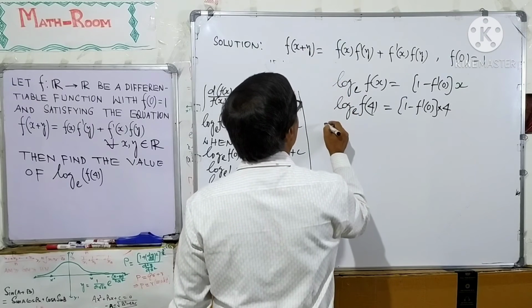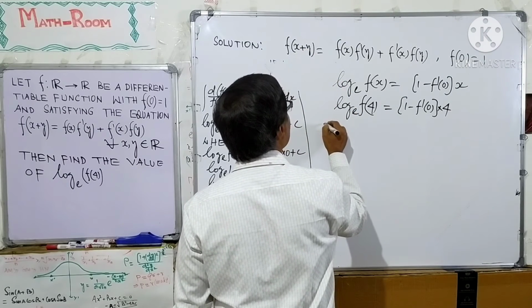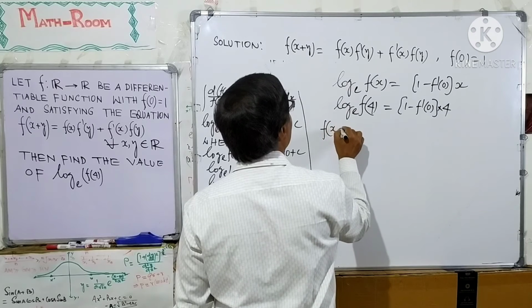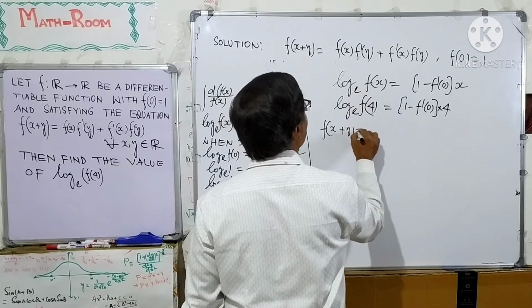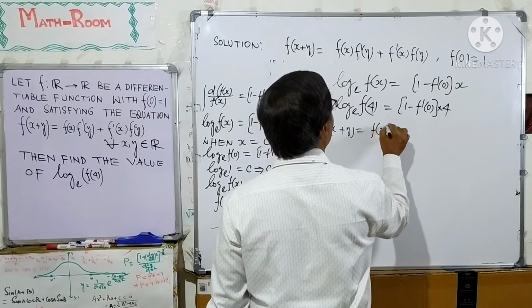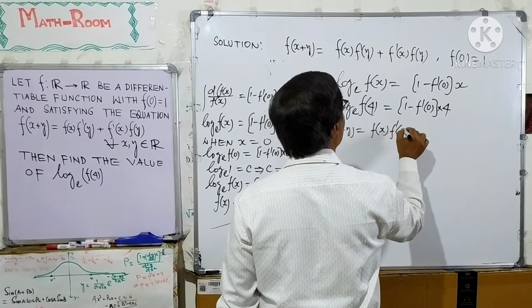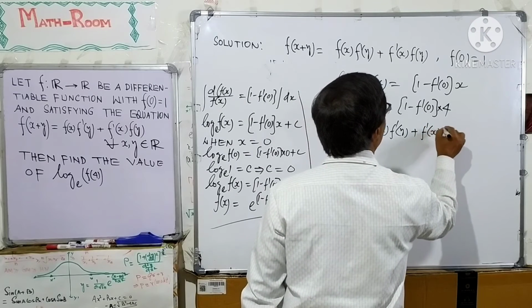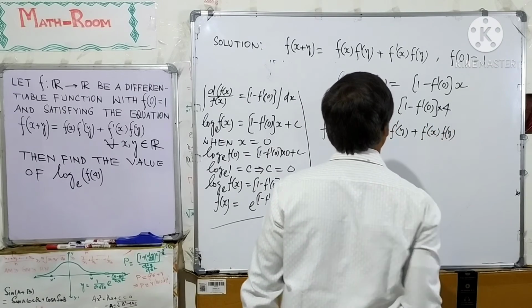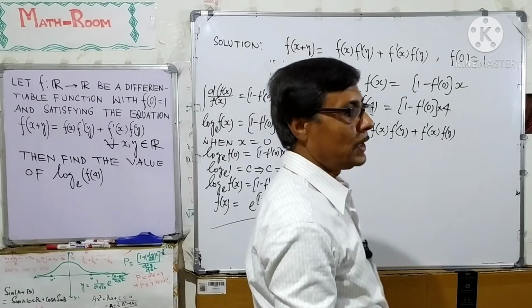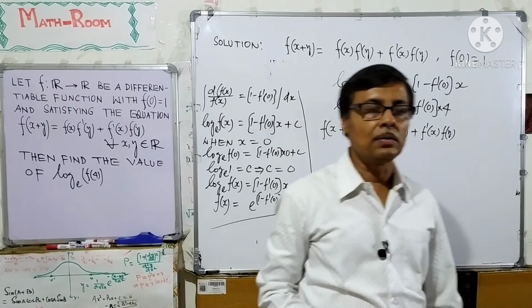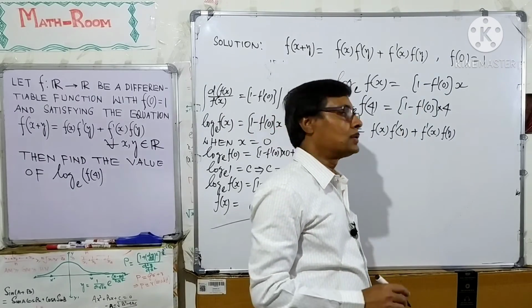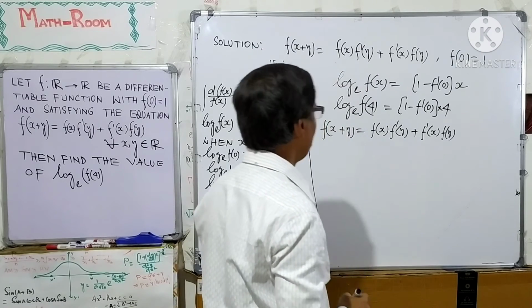Here we shall use the functional equation f of x plus y equal to f(x) f'(y) plus f'(x) f(y). We can put x equal to 0 and y equal to 0 on both sides, because 0 is a real number.